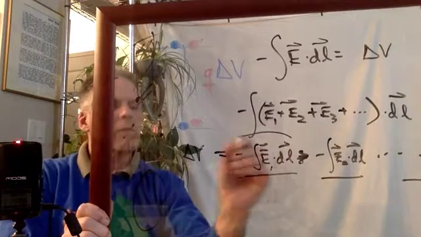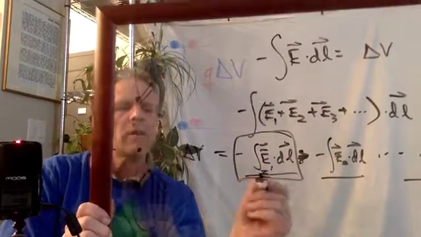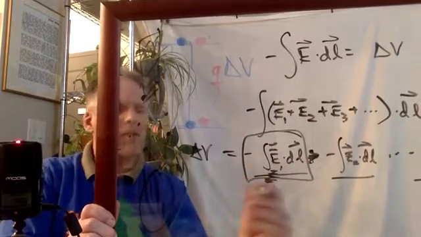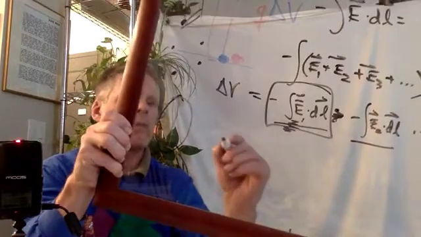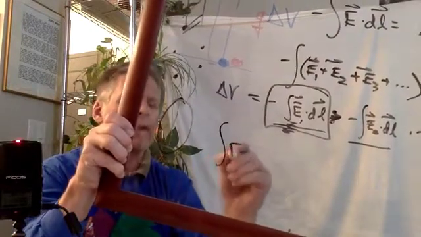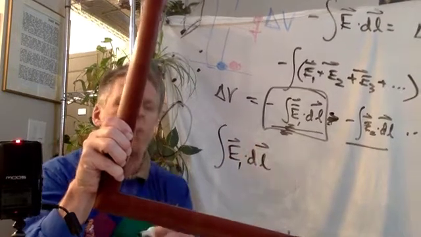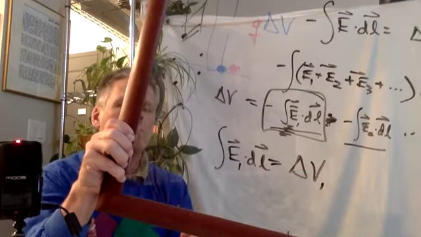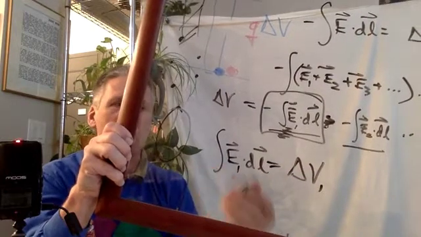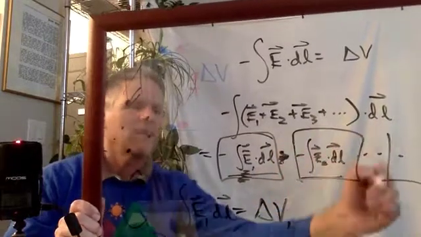Well, when I look at this right here, whatever has made E1, this expression, E dot dl, I'm going to put that 1 down there. This is just delta V1. Well, what does that mean about when I have all of these separate ones here?